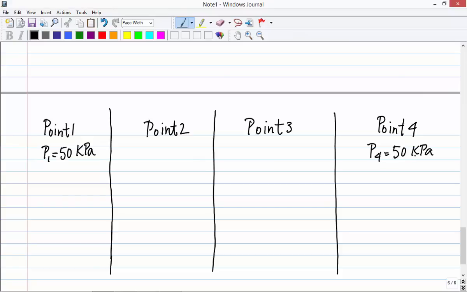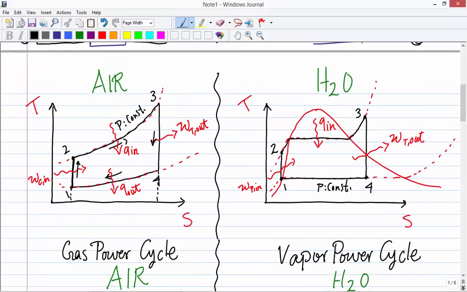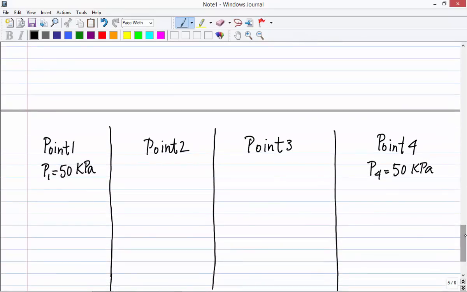We have the pressure at the boiler, the whole process 2 to 3. Pressure is constant, so P2 equals P3 equals 6,000 kPa.